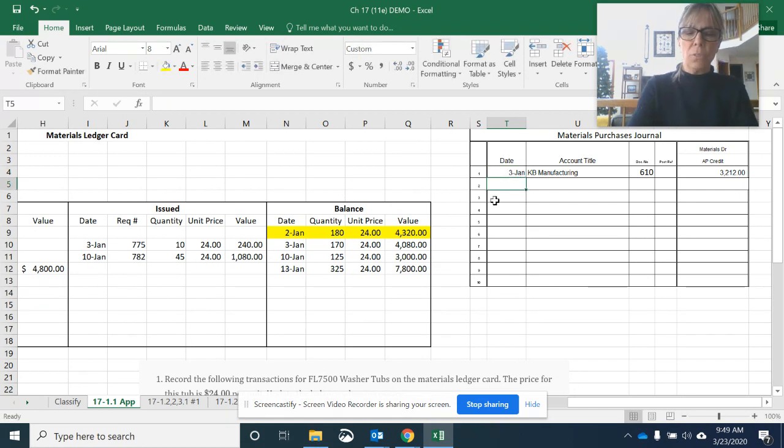All right, same thing for January 5th, different vendor. Why is this doing this? That's so weird. January 5th. All right, I'm going to format paint all of these.